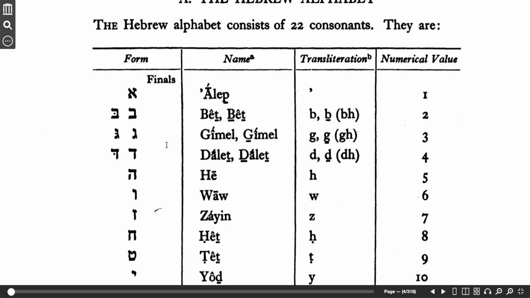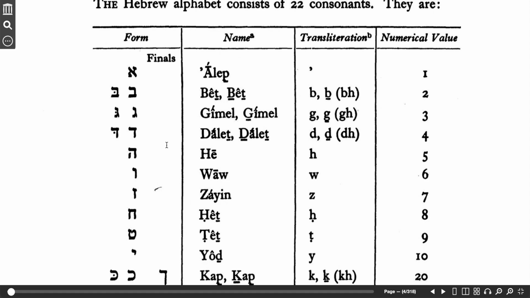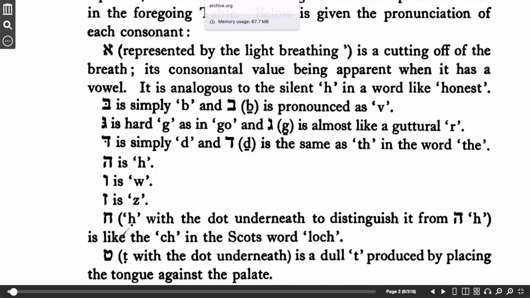The third letter is Gimel, G-I-M-E-L, Gimel. And again, it can have the dot or no dot. The way this works is if it's a hard G, like in go, it has the dot.